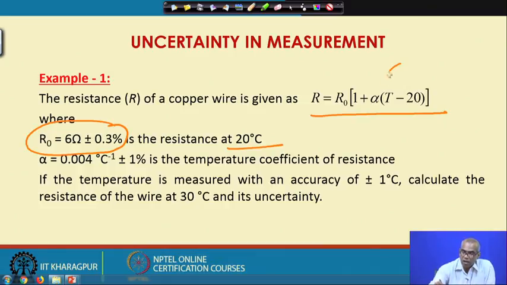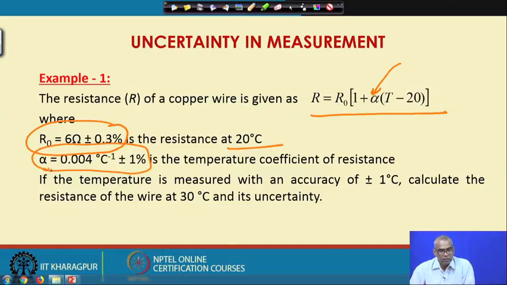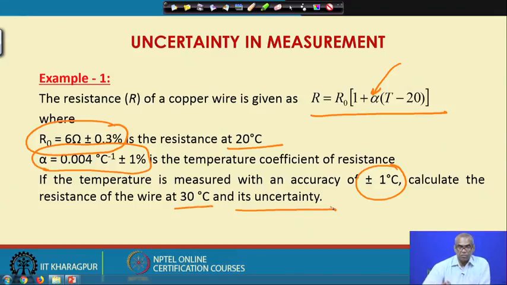The term alpha is the temperature coefficient of resistance and given as 0.004 plus minus 1%. So, the inaccuracy or the uncertainty in the measurement of alpha is given as plus minus 1%. If the temperature is measured with an accuracy of plus minus 1%, calculate the resistance of the wire at 30 degree Celsius and its uncertainty.